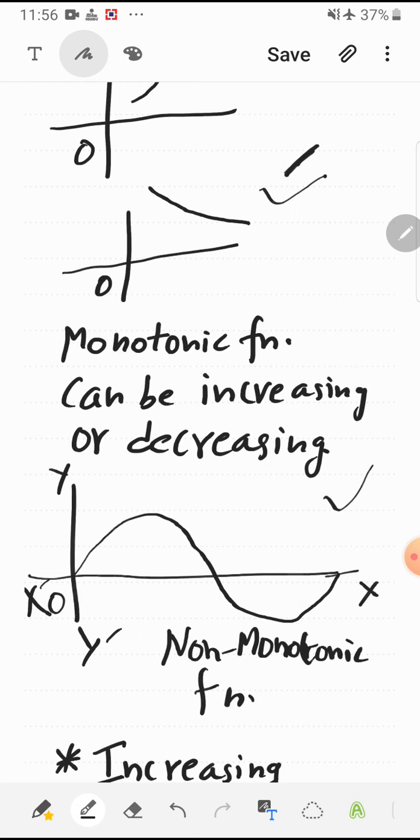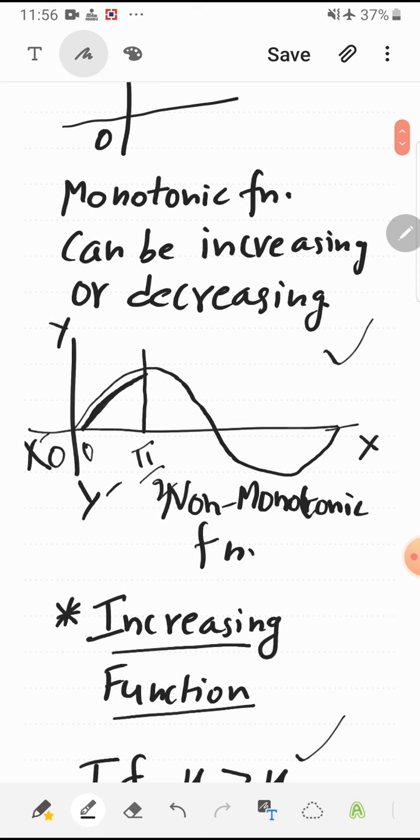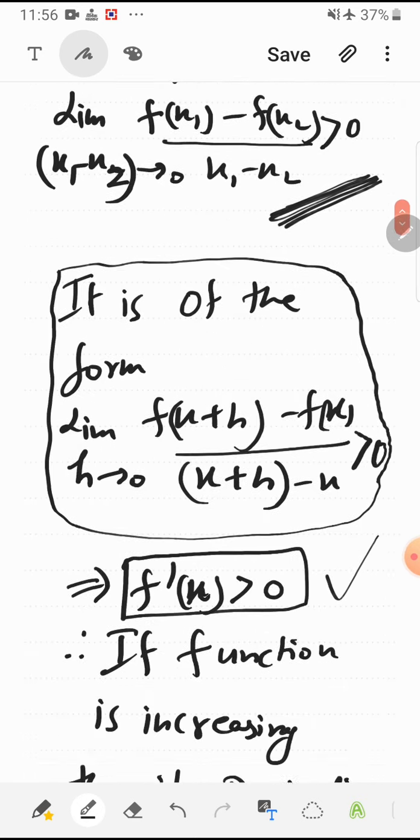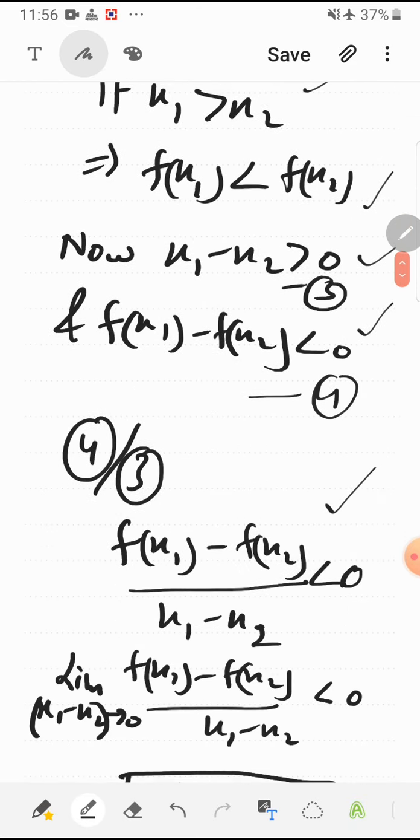But if I take the interval 0 to pi by 2, here this graph is monotonic. So in this interval it is monotonic. So we have to be alert that a non-monotonic function can also be monotonic under some condition or some interval. So remember this thing.